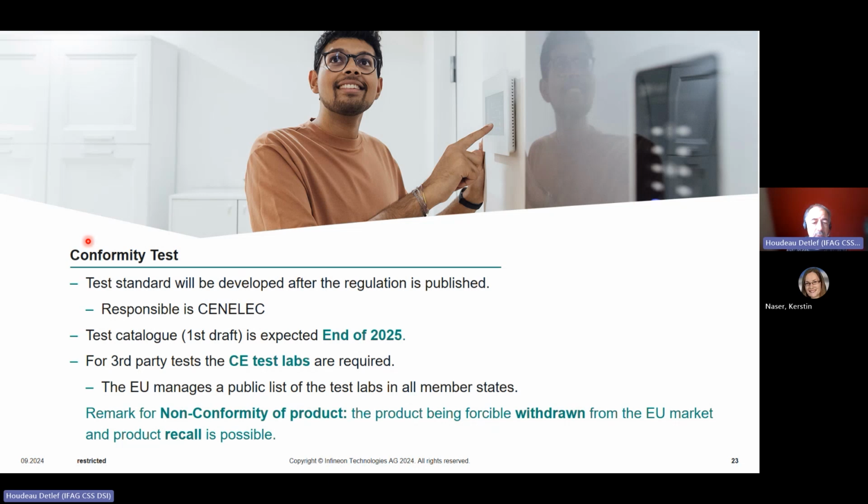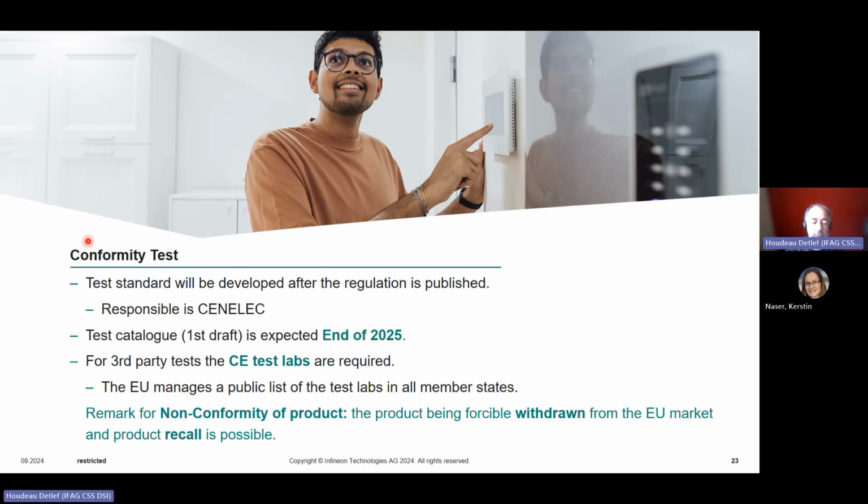At this moment, CENELEC, the European Standardization Organization, gets a mandate from the Commission to create this kind of conformity test table and framework. This first test catalog is expected by the end of next year, 2025.